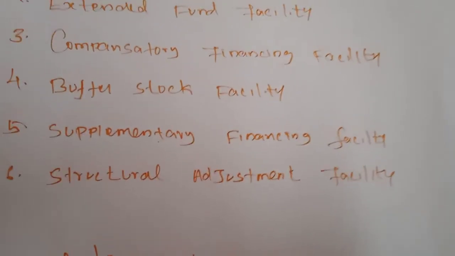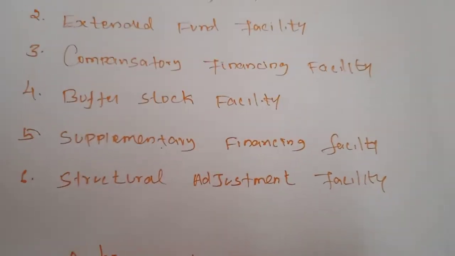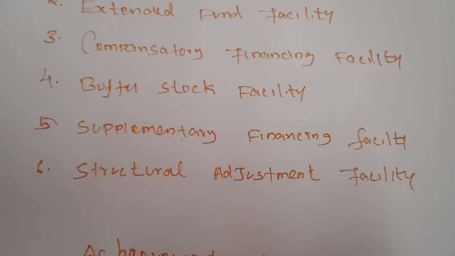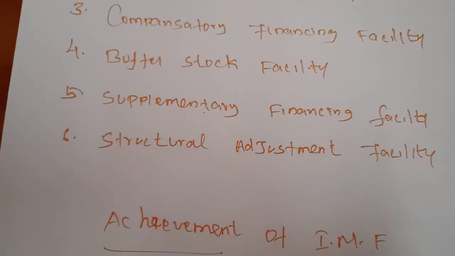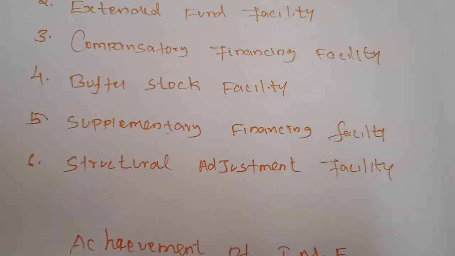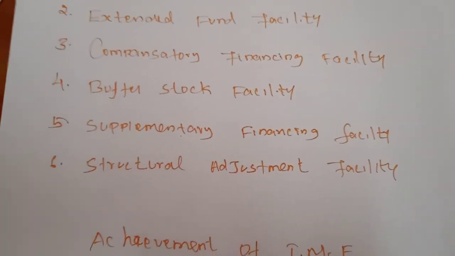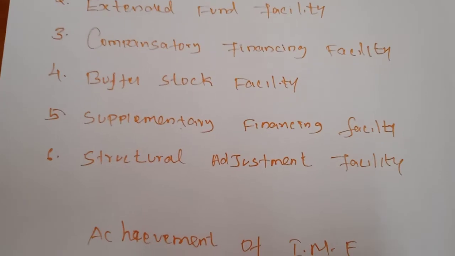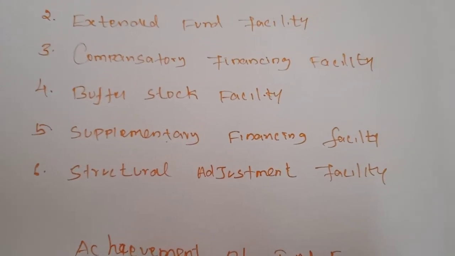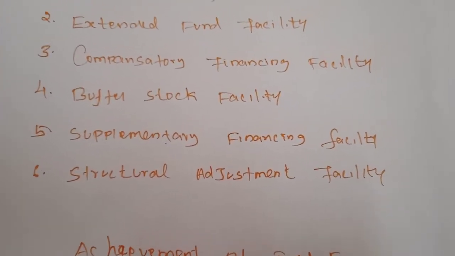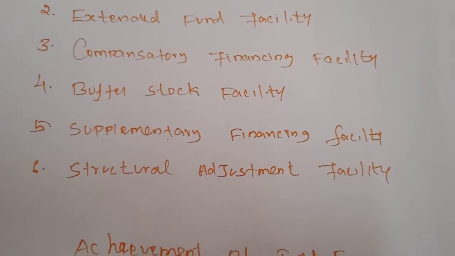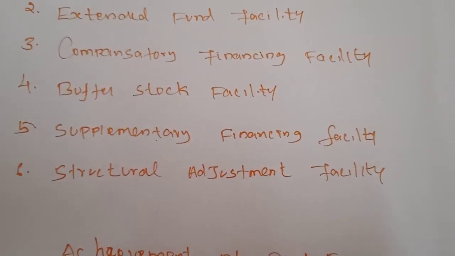So according to these actions, all the nations will have the power to compensate their loss in this international trade. So when the International Monetary Fund allows the facilities, all the nations will have some rights and some powers.